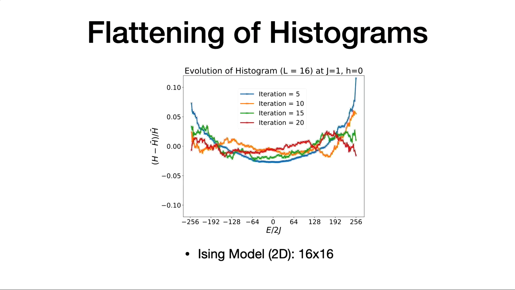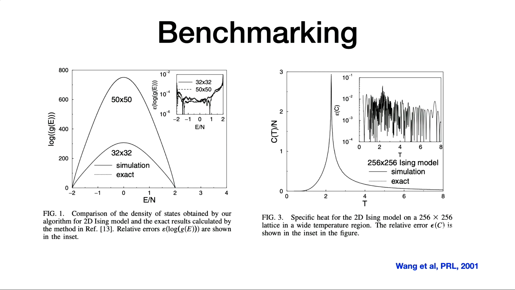So every time we look at the histogram and say the histogram is becoming flatter, which means we are converging to the correct G of E. Of course, this histogram is a numerical answer, it can never be a line. It goes up and down like that. So at some point you have to make some measure and say, this is a flat histogram. And when I stop there, of course, there is no way to say you got the correct G of E. As an example, if you do this, you say this is the correct G of E, then you trust the simulation.